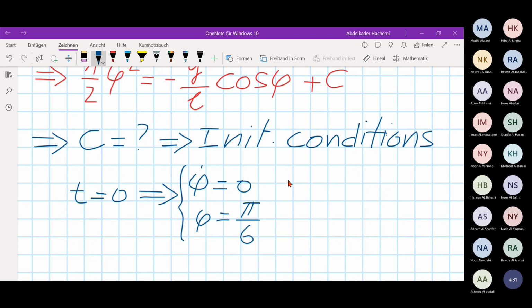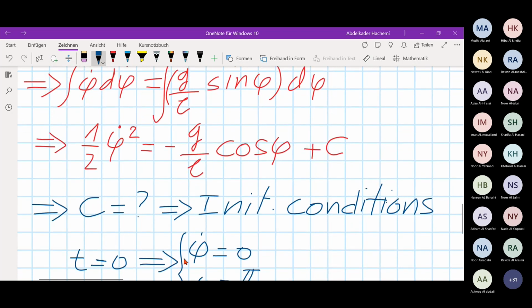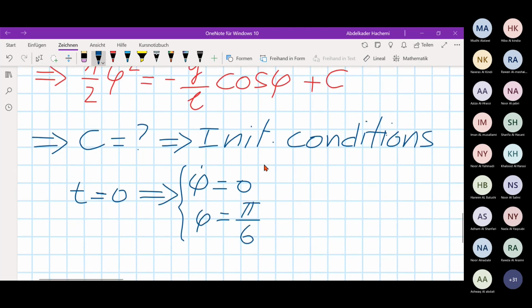If we replace phi dot by 0 and phi by pi divided by 6, then we get C as square root of 3 divided by 2 multiplied by g divided by L. This is the integration constant.